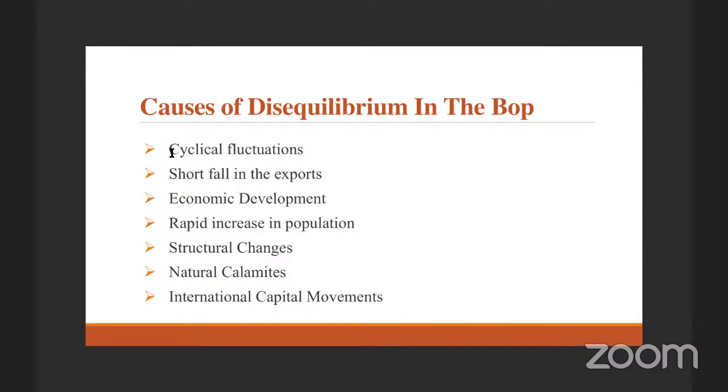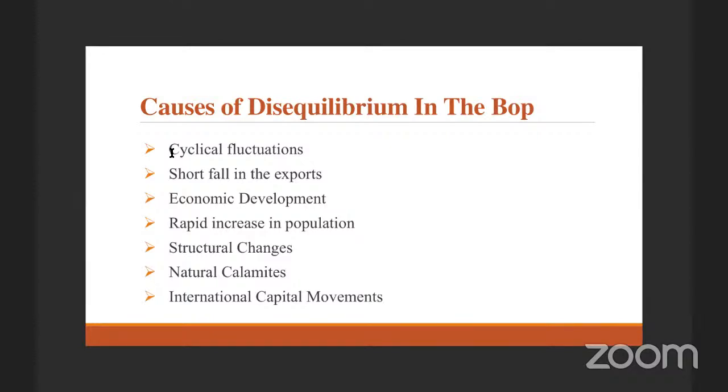Then natural calamities also, blow after blow. China is being hit, and even Europe was the worst hit geographical region with the pandemic COVID-19. And now today, it is the floods, natural disasters, which are troubling them so much.